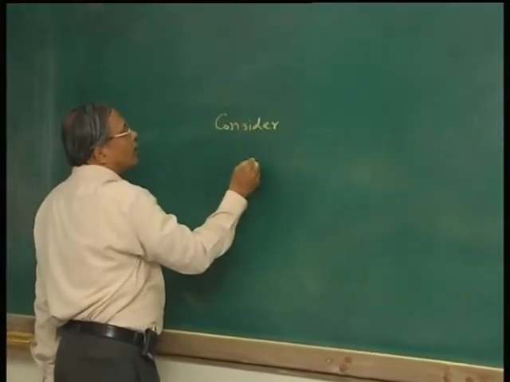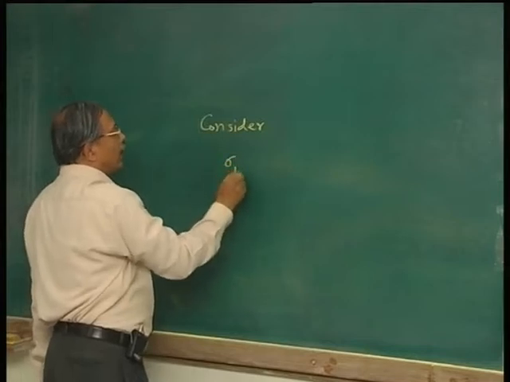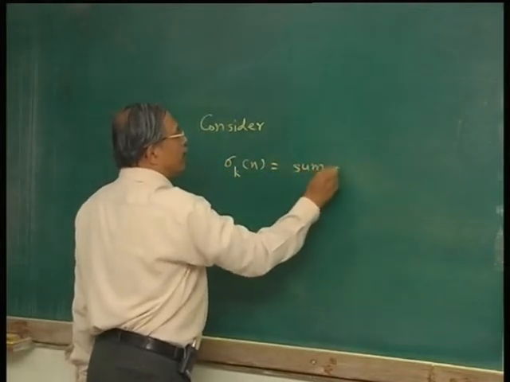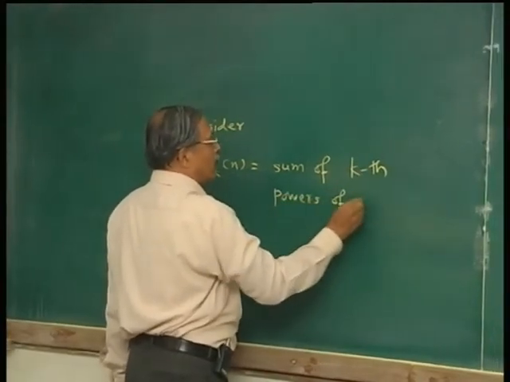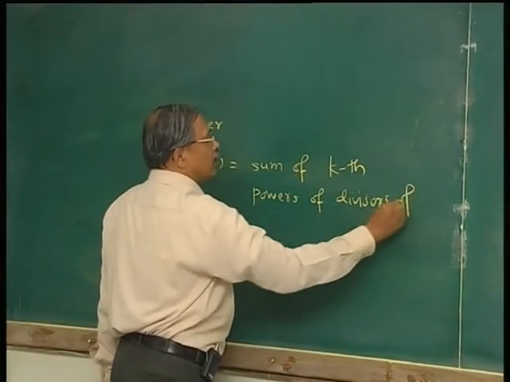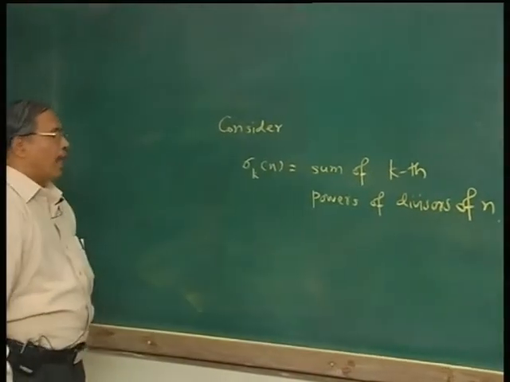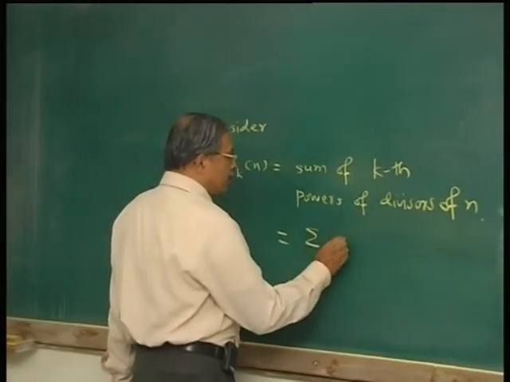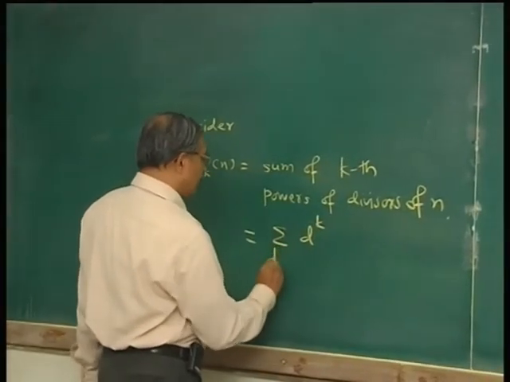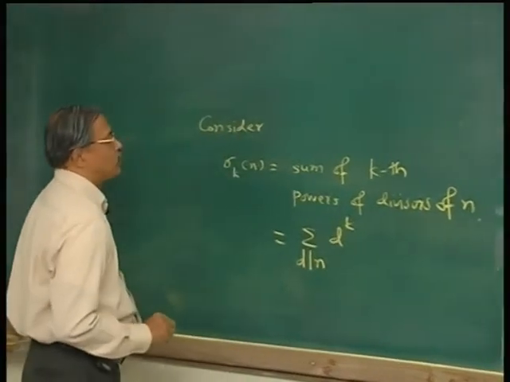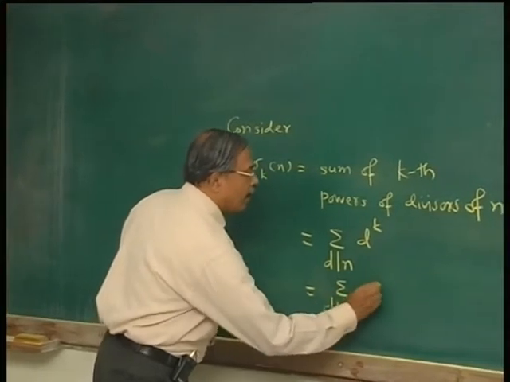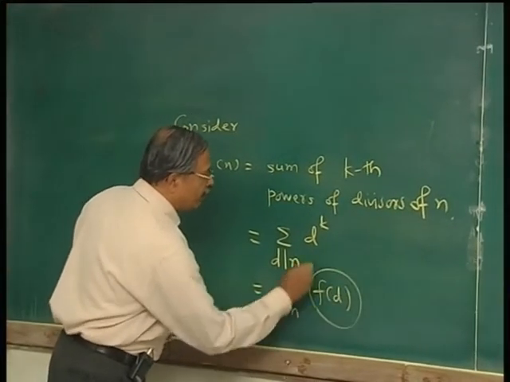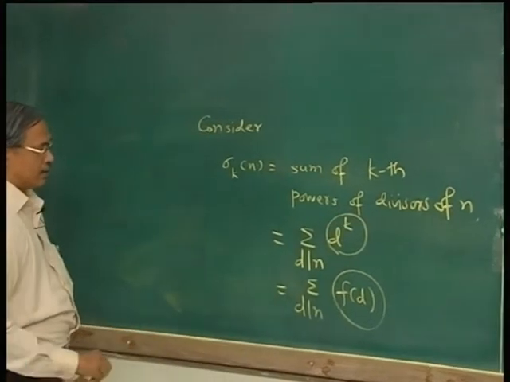So consider sigma k of n equal to the sum of kth powers of divisors of n, and this is, we can say, summation d raised to k, where d divides n, and this is to be considered as summation d divides n f(d), where now this f(d) is the same as d raised to k.